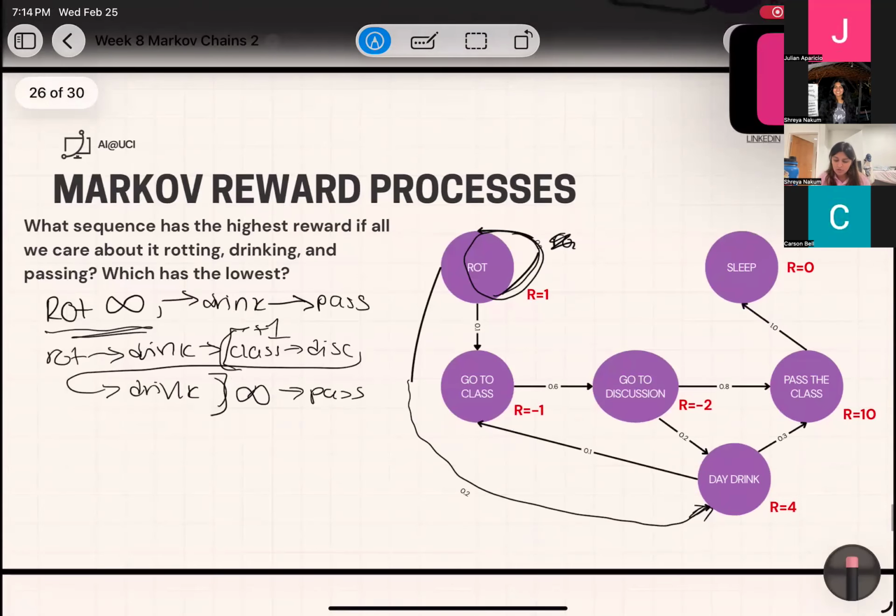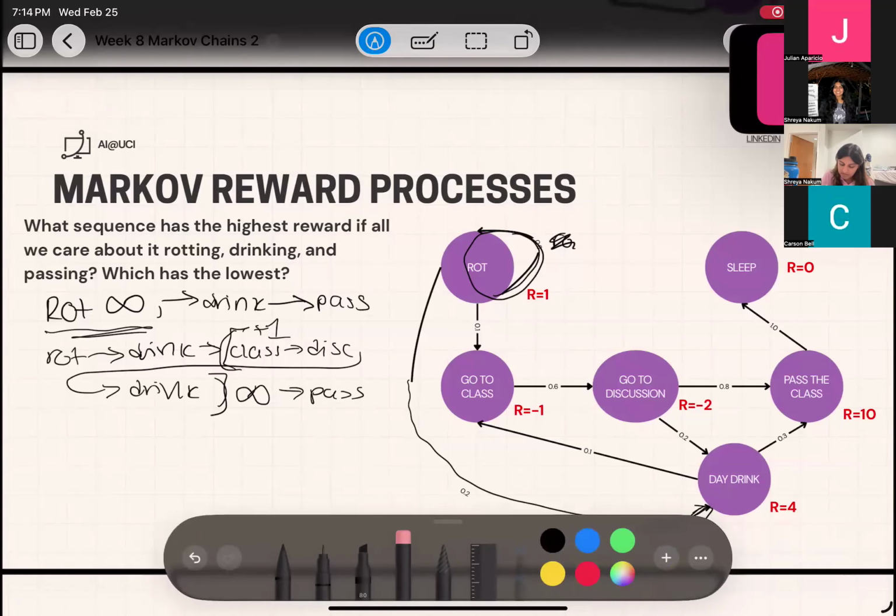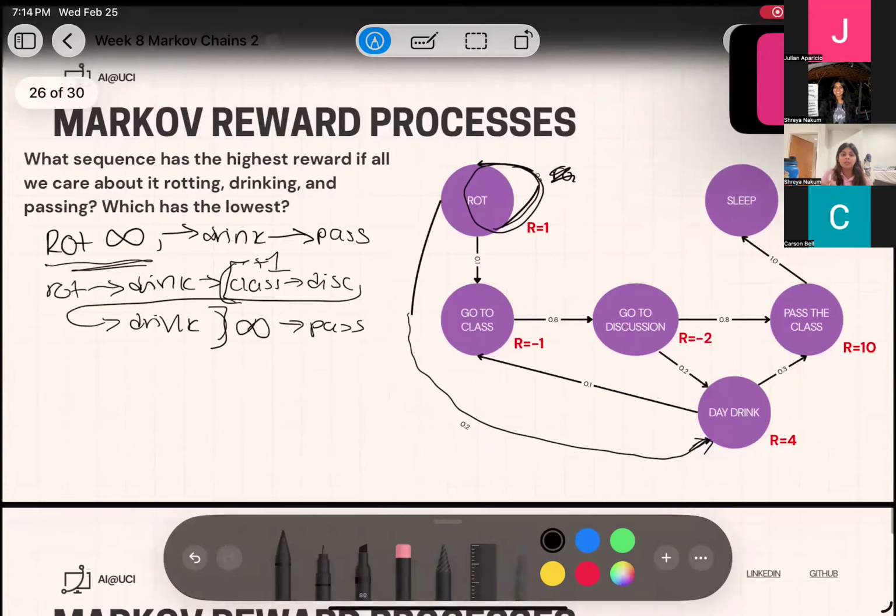So if you go back to our example here, if I said that the reward that we care about is a long reward, a reward after a long time, these are great options that we've got. But if I said that I want a reward now, what's the fastest way I can get a reward, then your answer could be something like rot, drink, pass. Because that would be 15 as your reward.